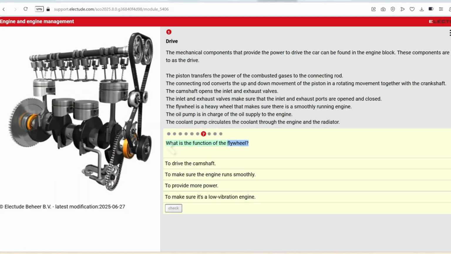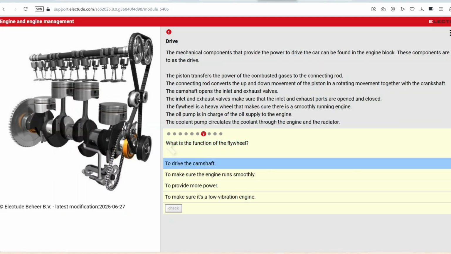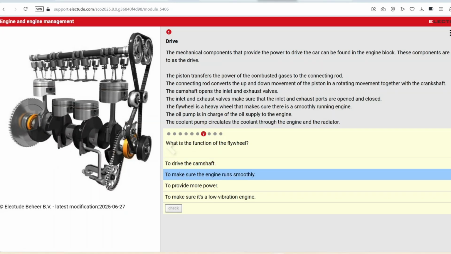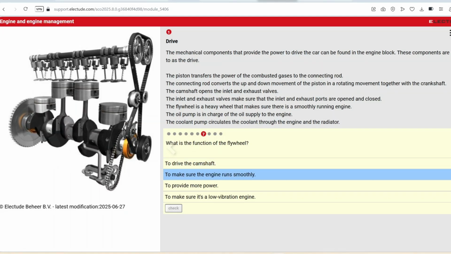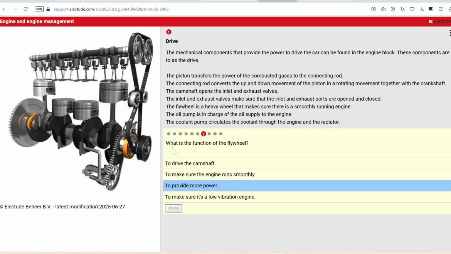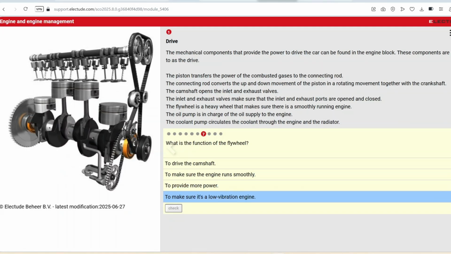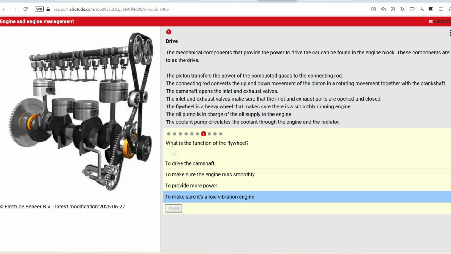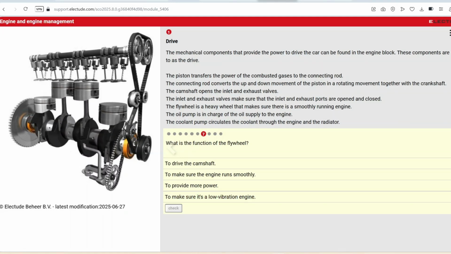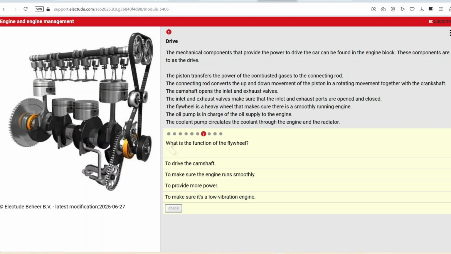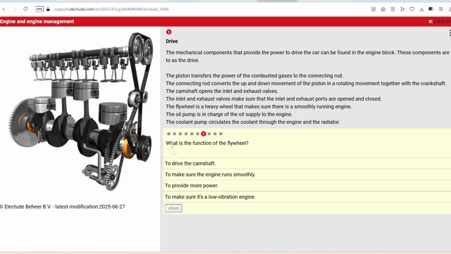What is the function of the flywheel? To drive the camshaft. To make sure the engine runs smoothly. To provide more power. To make sure it's a low vibration engine. Yeah, now this time I can answer. I can begin from the bottom.